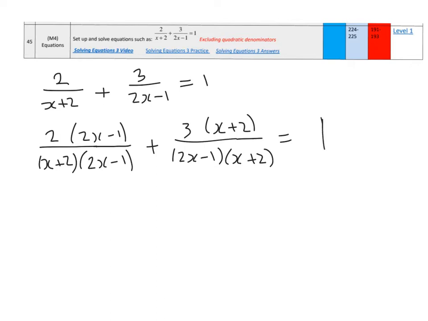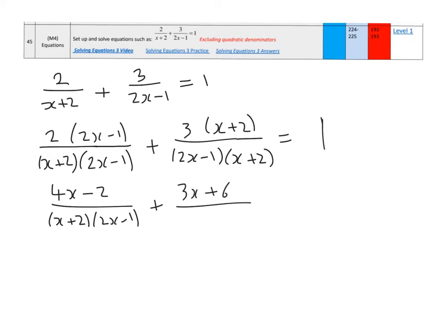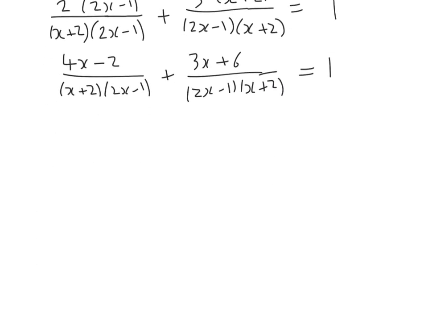If we expand that out, we get 4x minus 2 over x plus 2, 2x minus 1, plus, and then expand the second one out, we get 3x plus 6 over 2x minus 1, x plus 2, equals 1. Because we've got a common denominator, we can bring that together as one fraction.